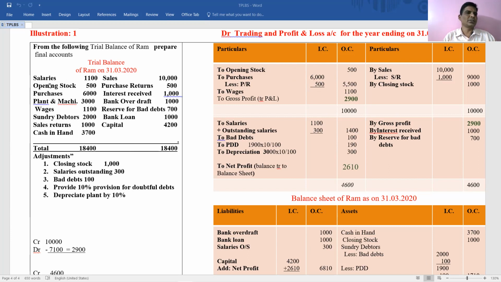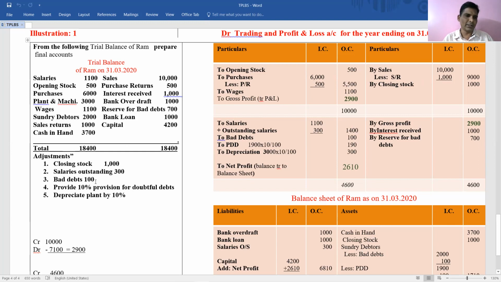But closing stock of 1000 appears twice: once in the trading account credit side, and here also 1000. So remember, every trial balance item appears only once in final accounts, and every adjustment given after the trial balance appears twice.